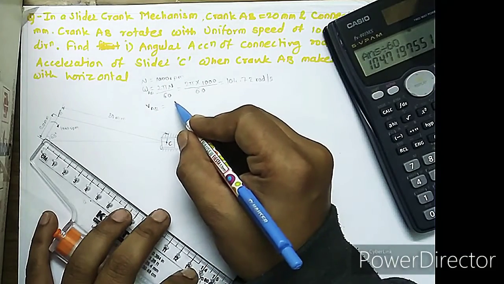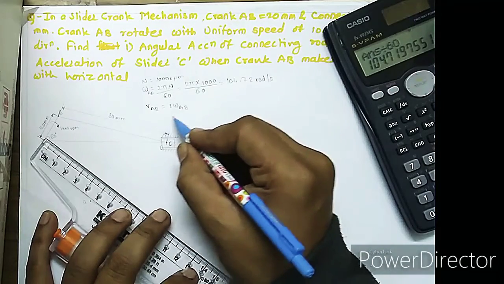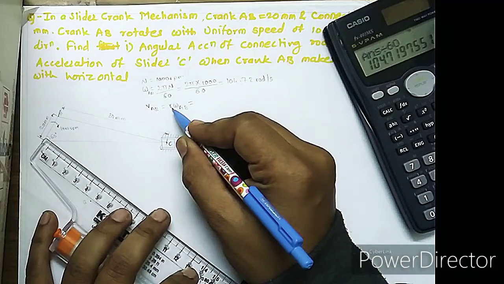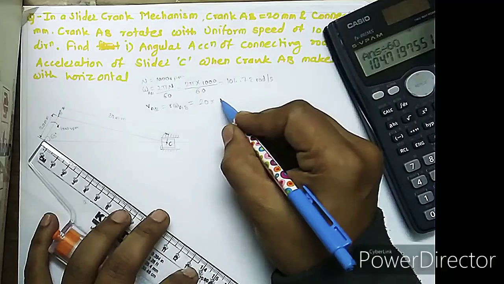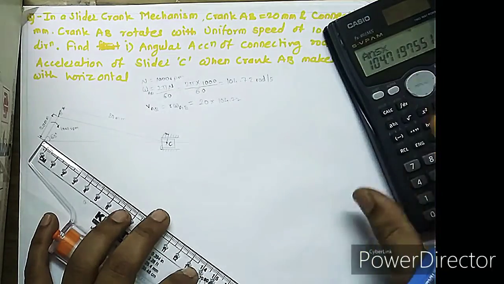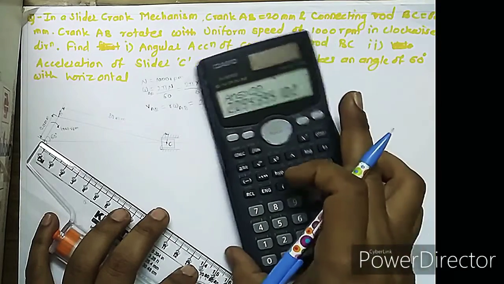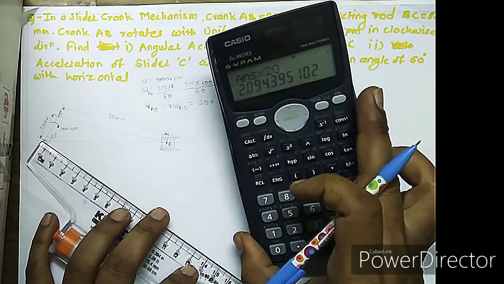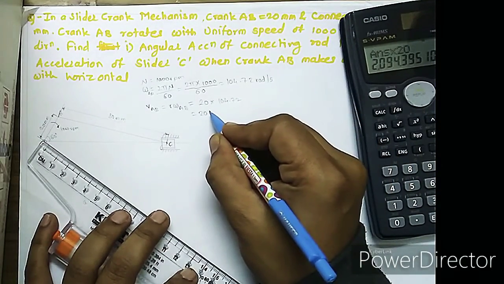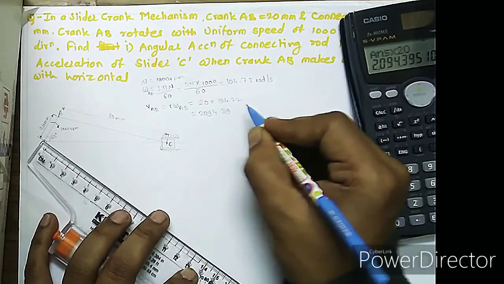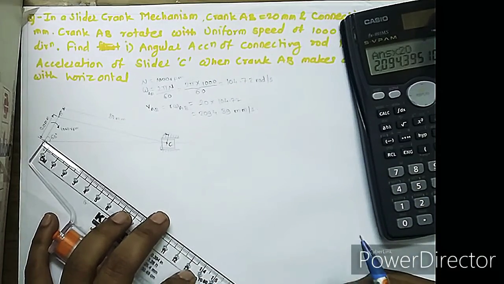Now VAB is equal to R omega AB. R is the length of the crank, therefore equal to R, that is 20 mm, into omega, which is 104.72. 20 into 104.72 equals 2094.39 mm per second.